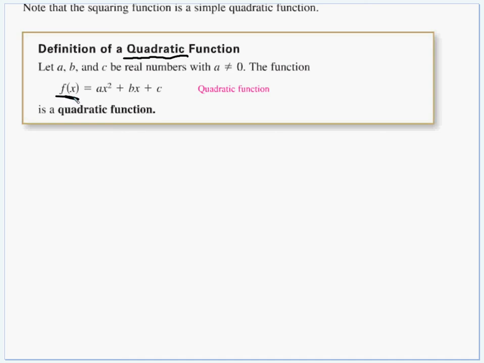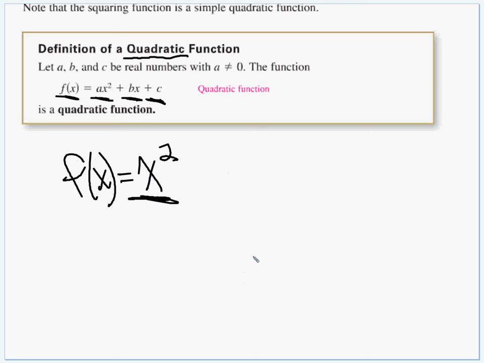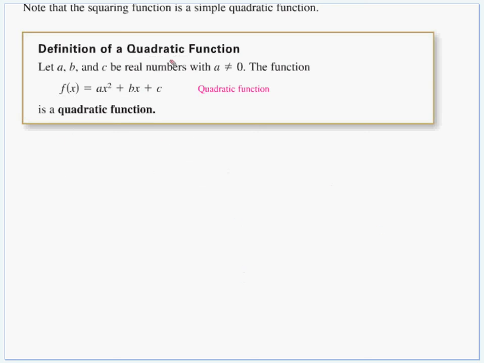So a quadratic here is some number a times x to the second, plus or minus some number b times x to the first. Now this b value could be 0, that's fine. And then plus or minus the constant c at the end, and that constant could also be 0. A quadratic could just be x squared. f of x equals x squared, that's a quadratic. As long as we have something times x to the second, it'll be classified as a quadratic.